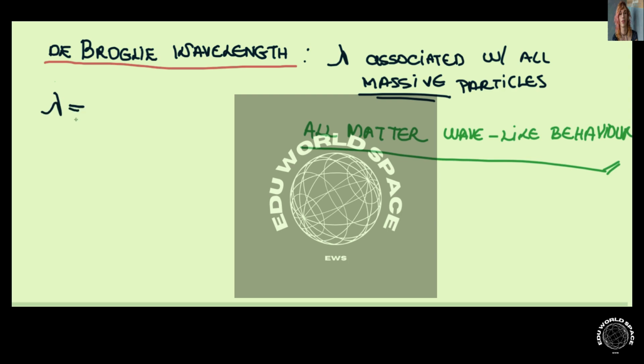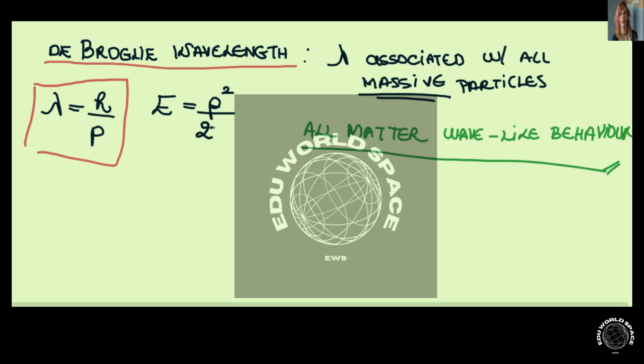lambda is equal to Planck's constant divided by the momentum of the particle. And we also have an expression in which the momentum of the particle is associated with its energy by E is equal to p squared divided by 2m.